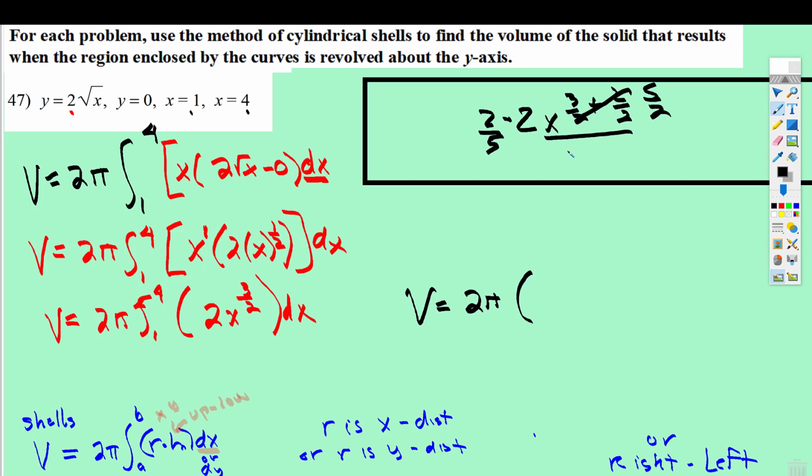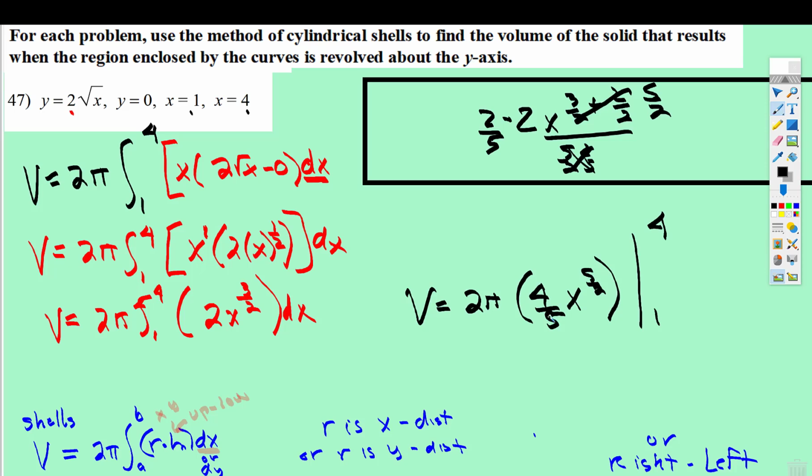Because think about it this way, if you divide by 5/2, you'd multiply by 2/5. So now we have 4/5 x to the 5/2, and that is from 1 to 4.